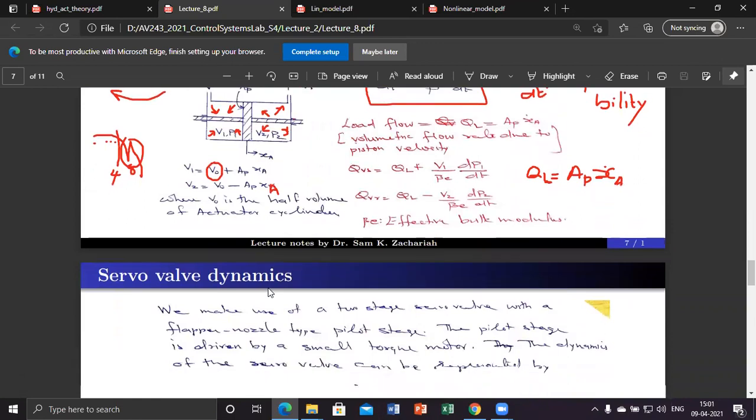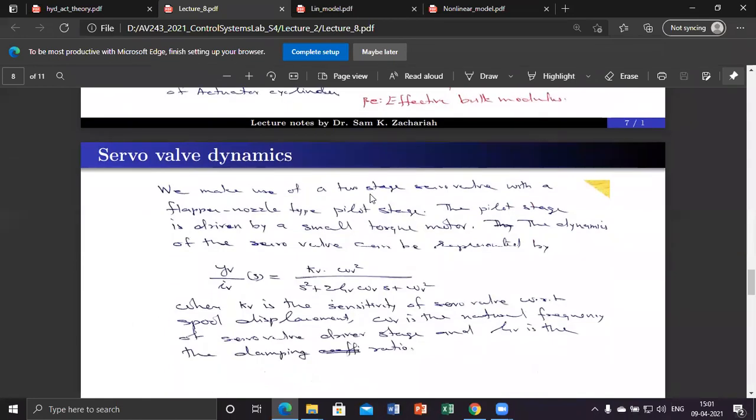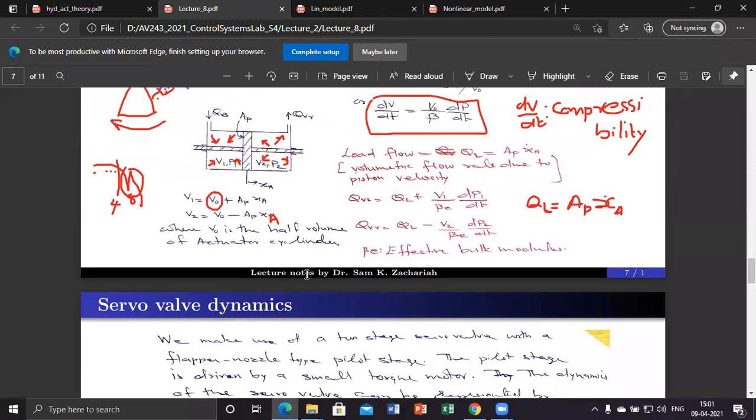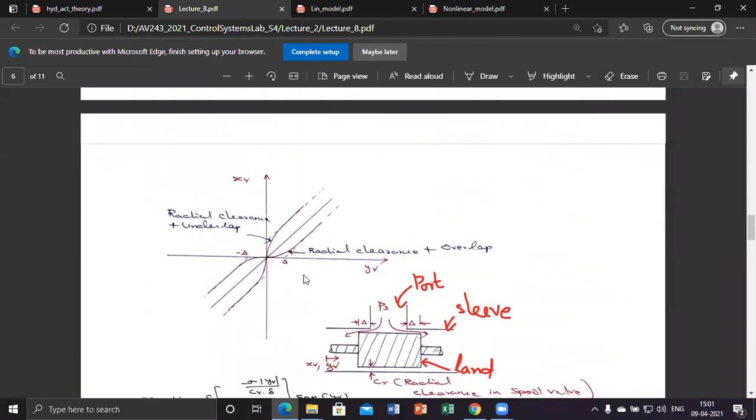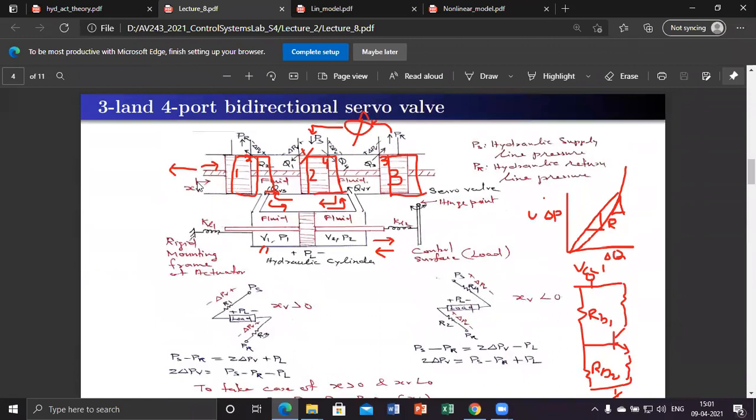Yeah, we have seen the effect of compressibility on the flow equations. Now I want to add one more element before going further. So far we are considering directly the motion xv of the spool.